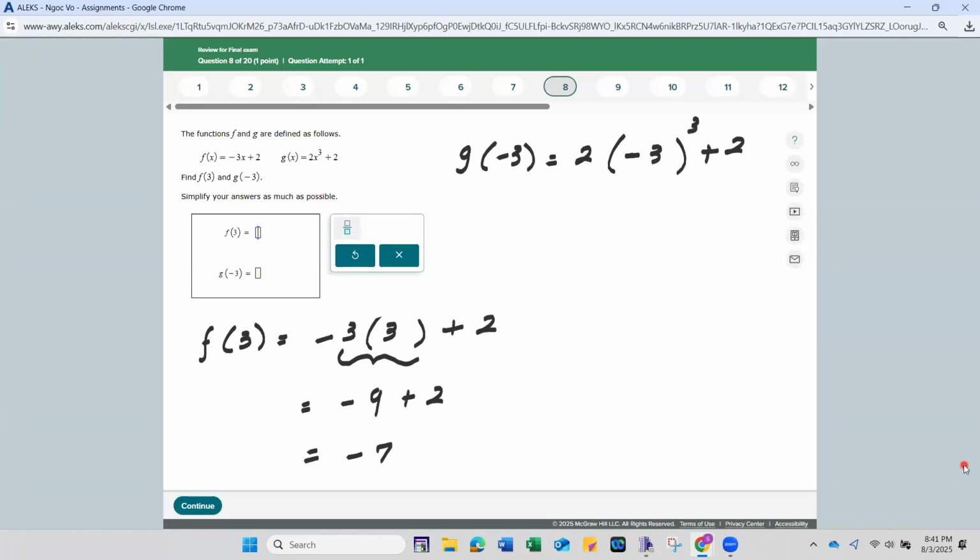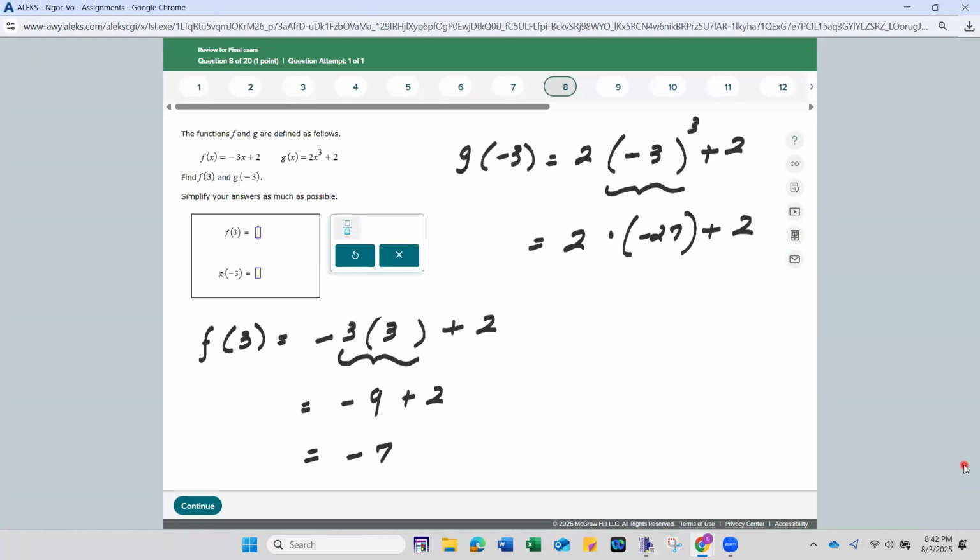Now simplify it. First we do the parentheses, then the exponent. So don't multiply 2 and negative 3. First you need to take the exponent. So keep the 2 as it is and negative 3 to the third power. That means negative 3 times negative 3 times negative 3, which is negative 27, and plus 2.